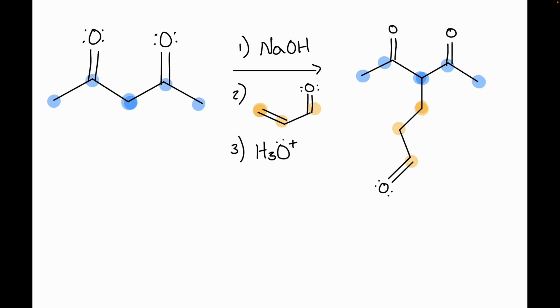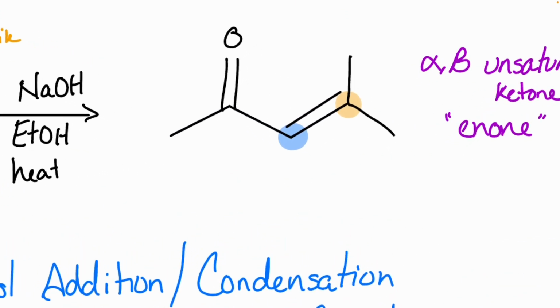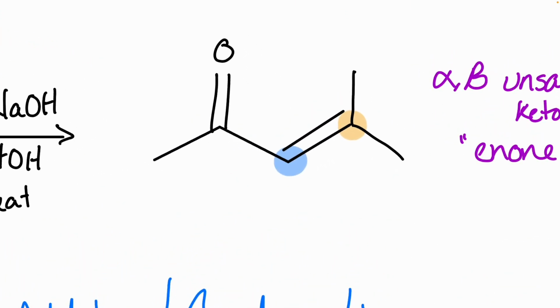For our Claisen condensations and our aldol addition and condensations, if we go back to what we did at the very beginning, we talked about how we have this check for our structures where our new bond, if we start counting from that carbonyl carbon, is always between carbons 2 and 3, this 3-carbon spacing that we can use to double check our products for both aldol and Claisen reactions.